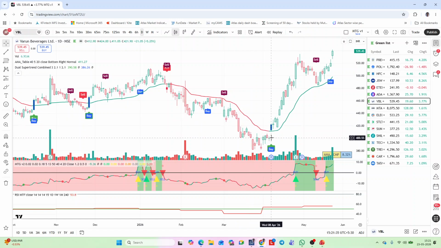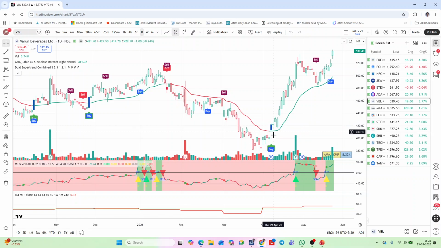Yes, the second criteria is met. Third criteria is whether I have a buy signal, whether Super Trend 1 has given me a buy signal, or Super Trend 2 has given me a buy signal, or both. So in the third criteria, I can see both have given me a buy signal on 8th of April.